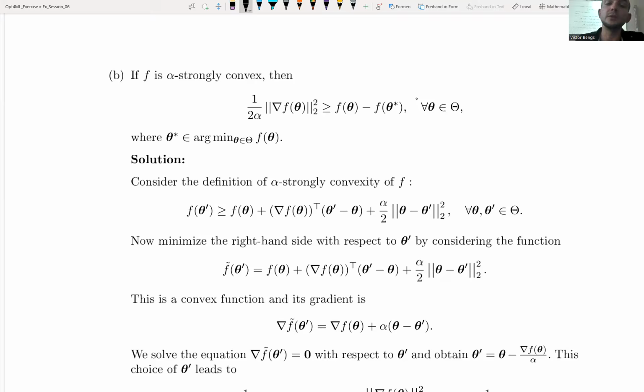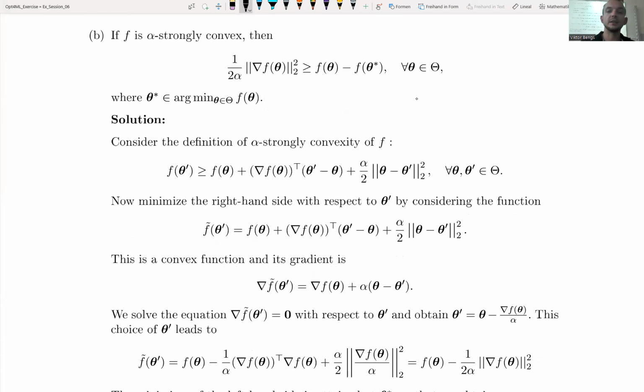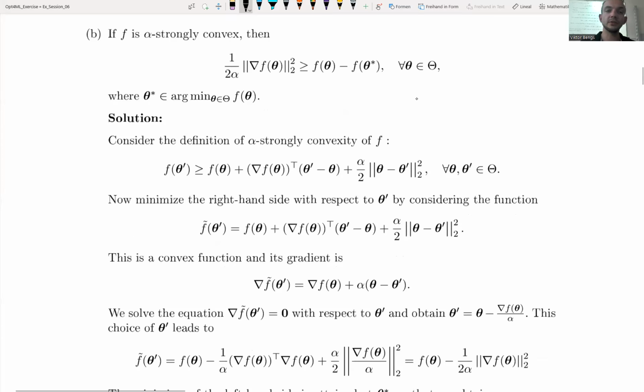Then all we need to do is say something about the squared Euclidean norm of the gradient at the iteration, which is more or less the starting point of the analysis. But okay, this is only for the background, why this is a nice inequality of interest for us.